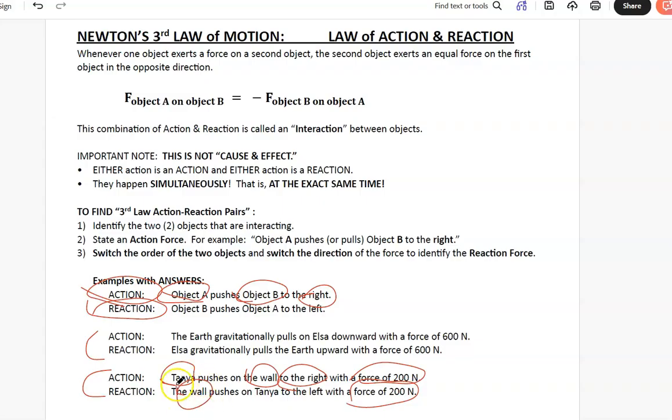But now it's the wall pushing on Tanya to the left. So you just switch the names of the objects or people or whatever is doing the pushing or pulling, and then you switch the direction, but you keep the exact same magnitude of force. And that's it for the rules of Newton's third law of action and interaction.